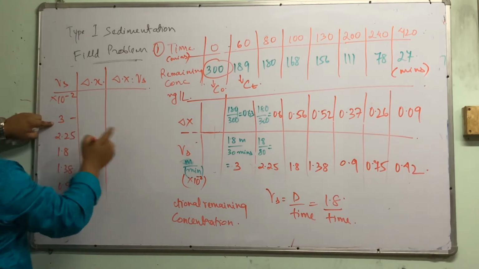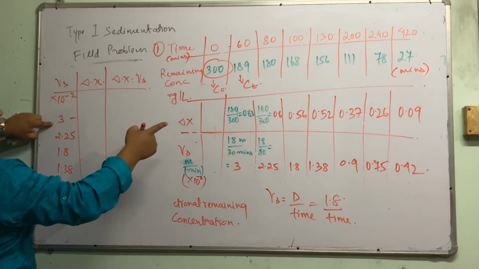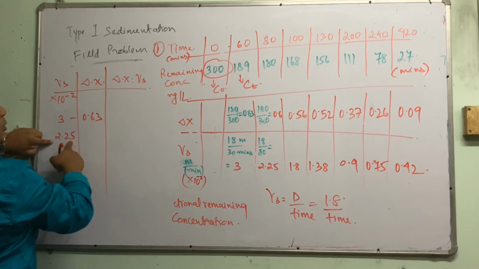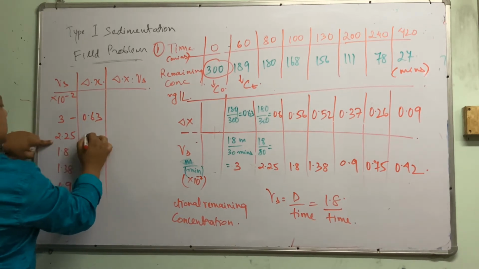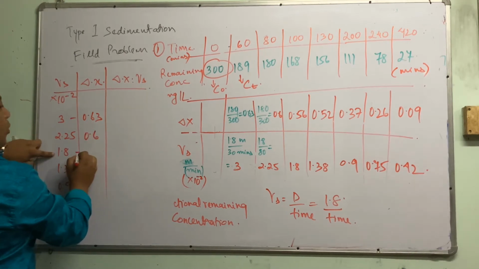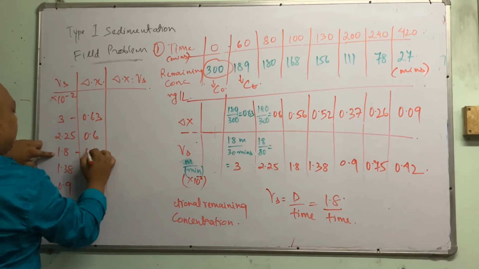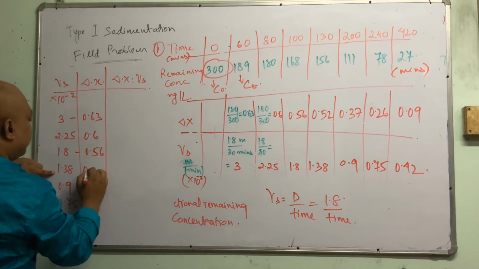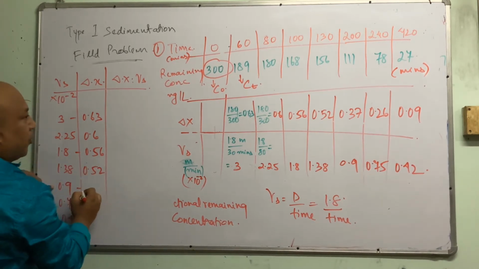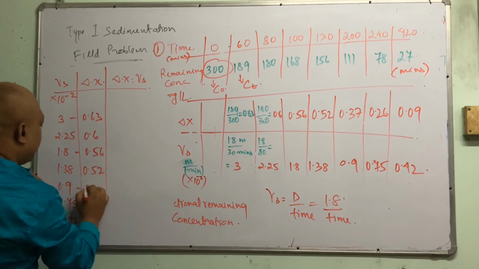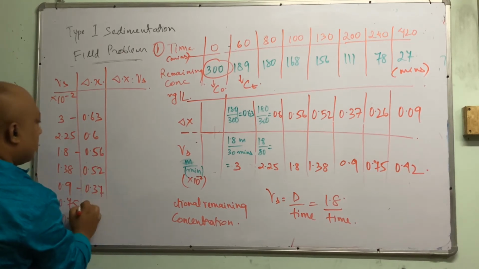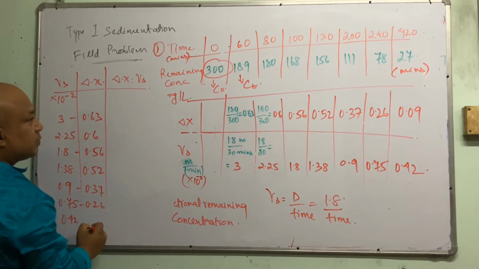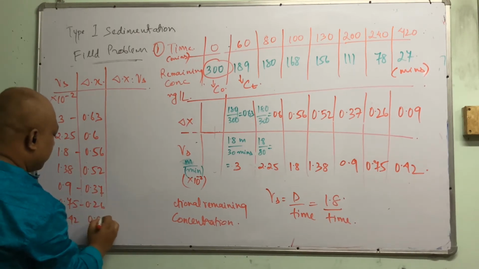For these, the del x value for 3 is 0.63, for 2.25 it is 0.6, for 1.8 it is 0.56, 1.38 is 0.52, 0.9 is 0.37, 0.75 is 0.26, and the last one is 0.09.